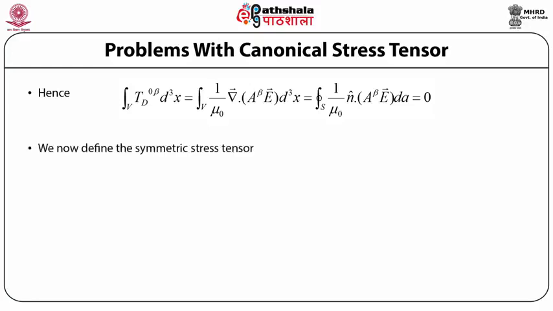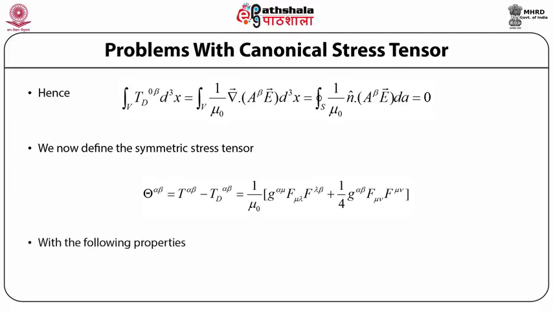We now define the symmetric tensor Φ^{αβ} = T^{αβ} − T_D^{αβ} = (1/μ₀)[g^{αμ} F_{μλ} F^{λβ} + (1/4) g^{αβ} F_{μν} F^{μν}], with the following properties.